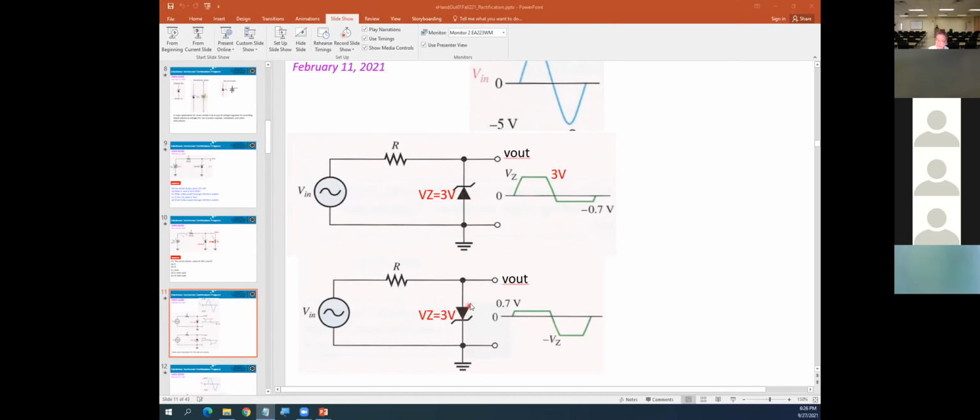So you can get minus 5, and this will be minus 3. So basically they break down, and that's why you get an output of minus 3 volt.